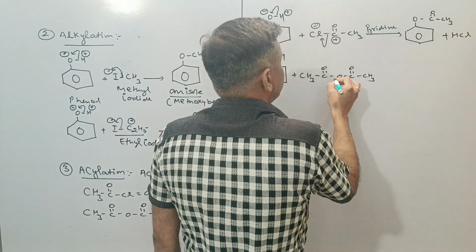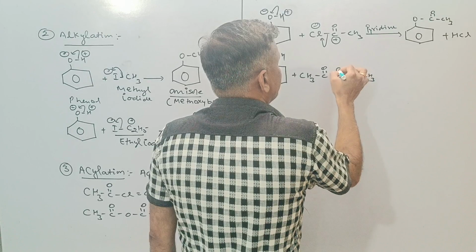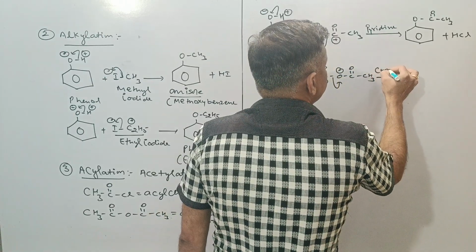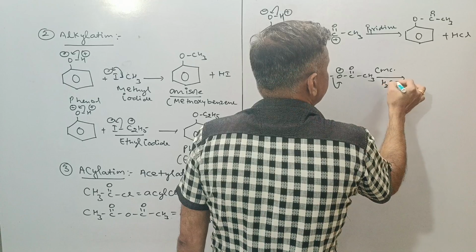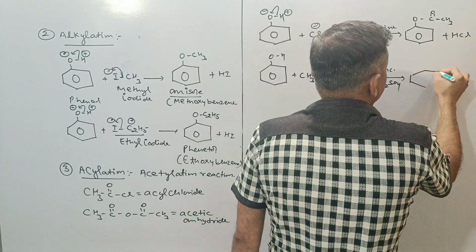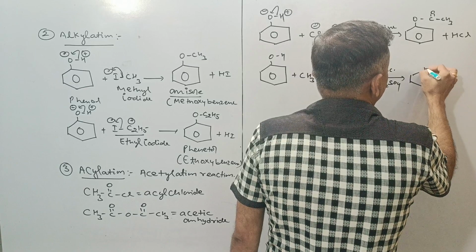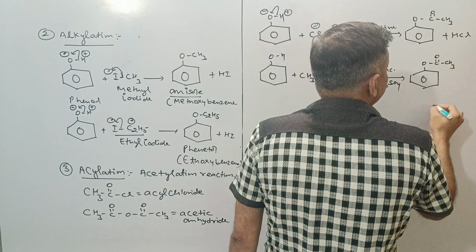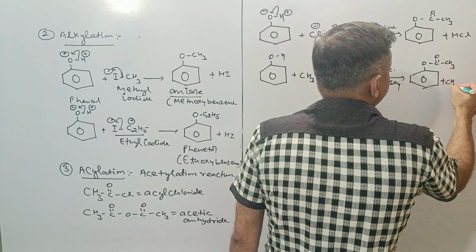While here this is the minus and plus, here we use concentrated H2SO4 as a mineral acid. So here again we get an ester called phenyl acetate with the formation of ethanoic acid.